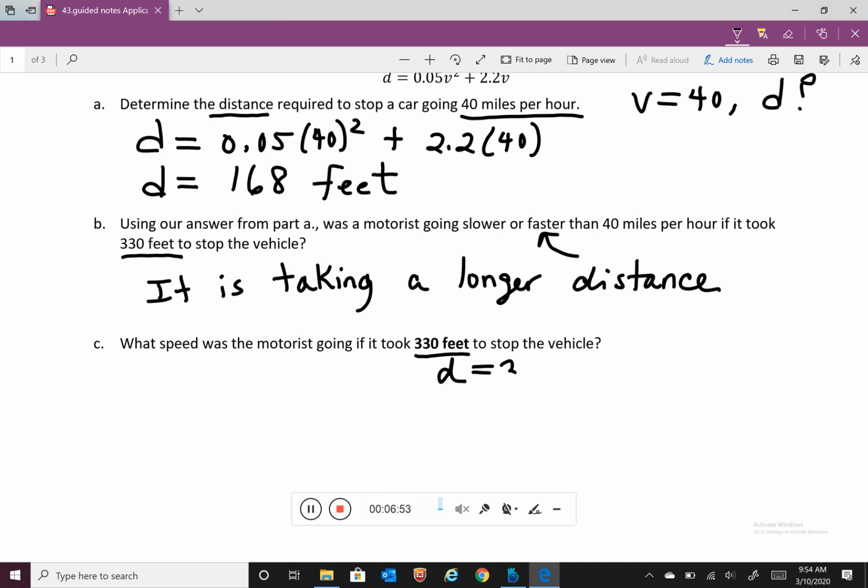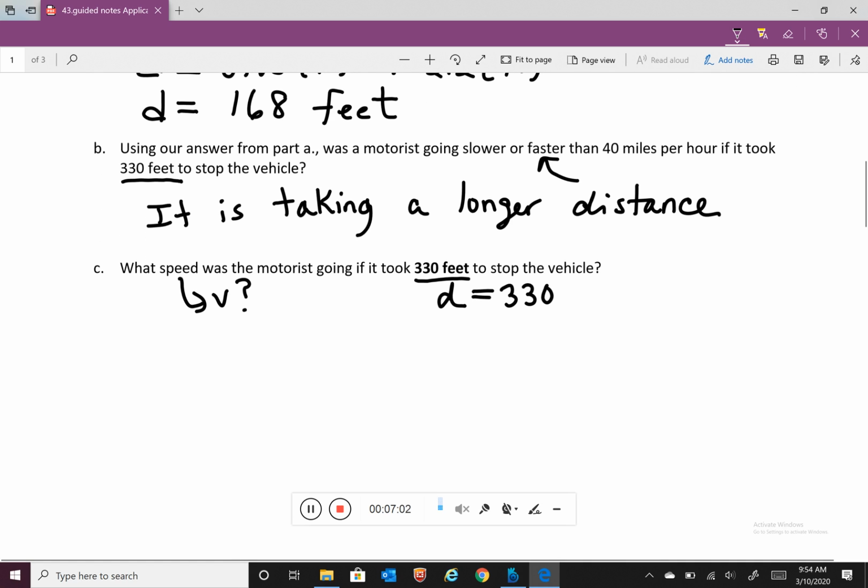So the distance equals 330. We're actually looking for the velocity. So we're going to use our equation and we're going to let distance equal 330. And this is equal to 0.05 times v squared plus 2.2 v.